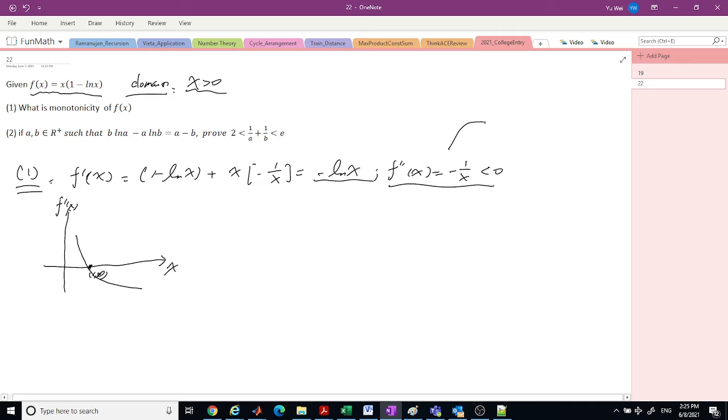Less than 0 means curvature like this, and greater than 0 means curvature like this. So now we know here f(x) increases, because the derivative is greater than 0, and in this segment f(x) is decreasing.